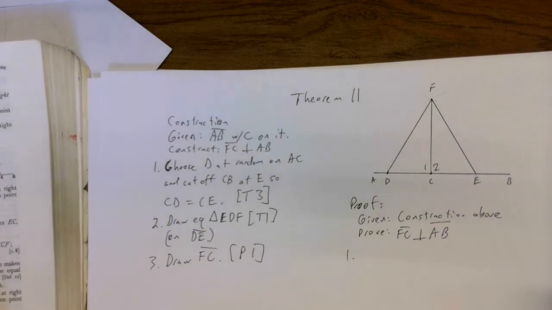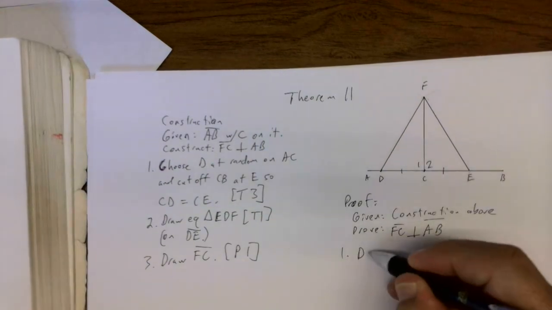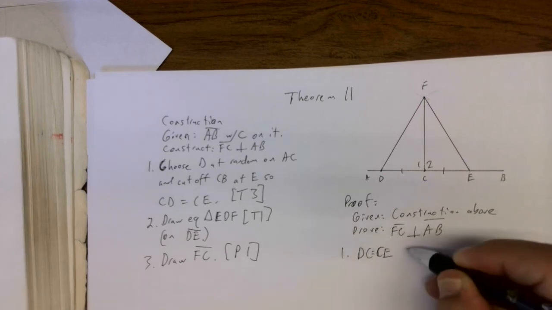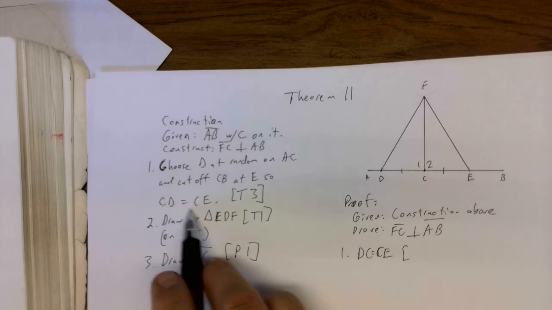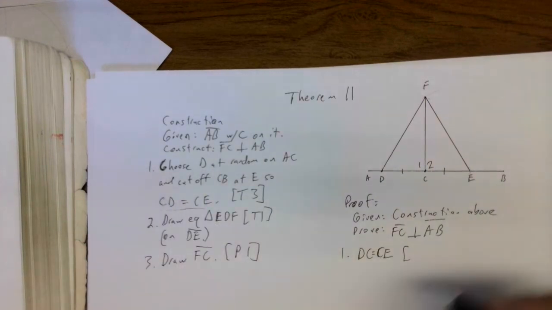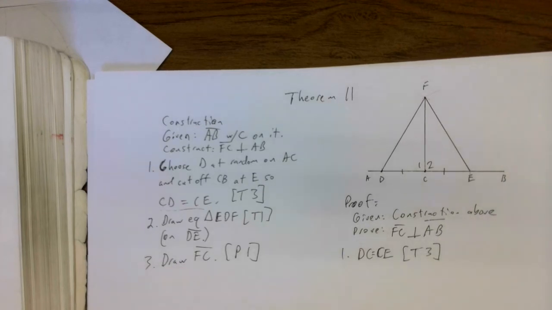He starts out by saying, since DC is equal to CE, and we did that back here, step 1 of the construction. That was based on Theorem 3.